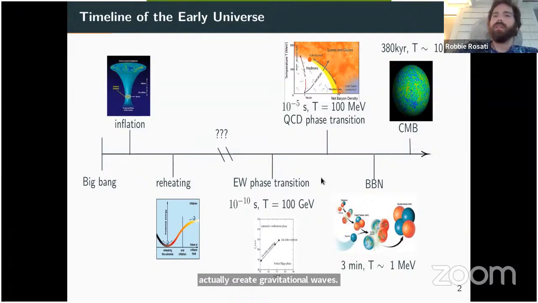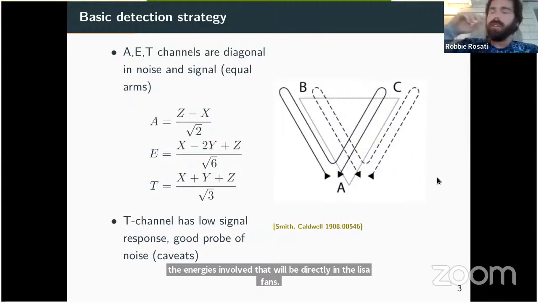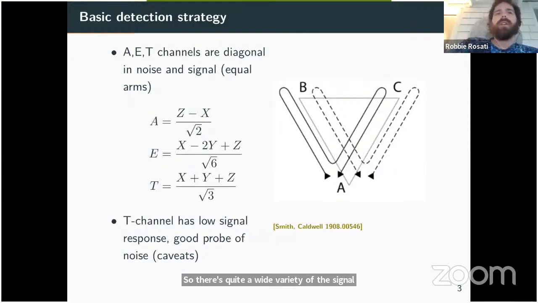But there's good hope that a modification to the standard model could make this ultra-weak phase transition create gravitational waves by making it a first-order phase transition. And if that occurs, then just from luck of the energies involved, it'll be directly in the LISA band. So there's quite a wide variety of these signals, and I'll talk more about them later.